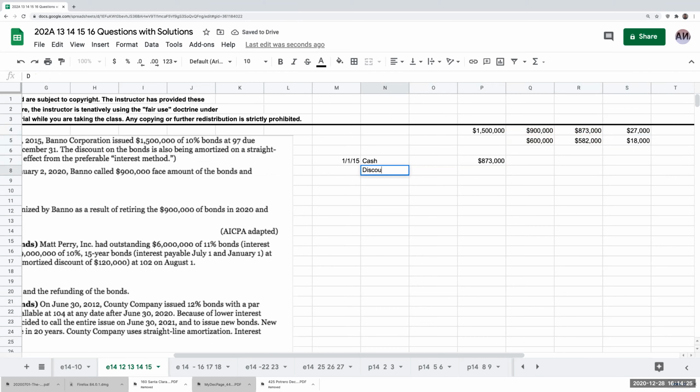I'm going to have a discount on bonds payable, and this is going to be 27,000. And I always show my bonds payable at the full amount, or 900,000. Do the same thing over here for the 600,000.